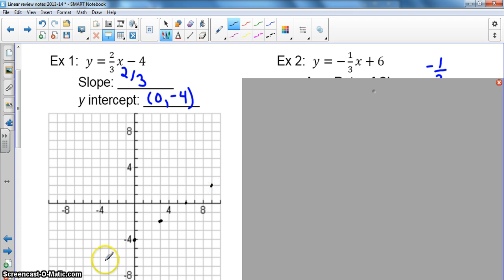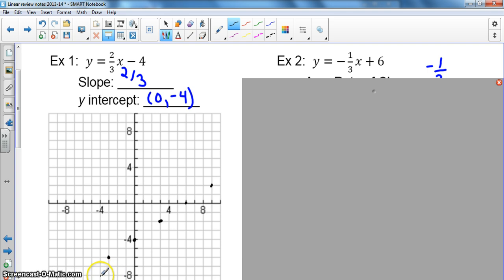Now I also want to go in the opposite direction. So to get a positive slope, we can have a positive over positive, but we could also have a negative divided by a negative, because a negative divided by a negative is positive. So I'm going to treat the 2 as a negative, going to go down 2, and then I'm also going to treat that 3 as a negative, which means left 3, and you can still see it makes that positive slope.